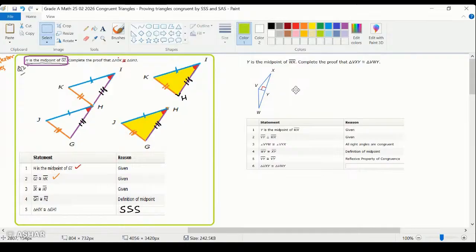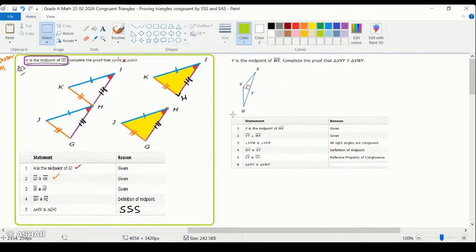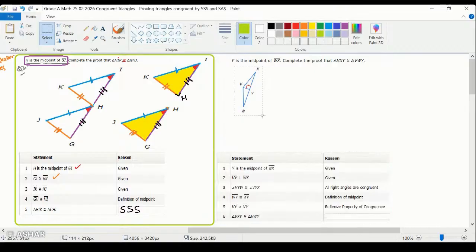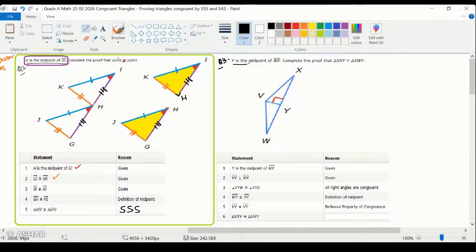If this is a question given to us, these are the statements that have been provided to us, and this was the shape that was given over here. Question number 3, they're saying Y is the midpoint of WX.